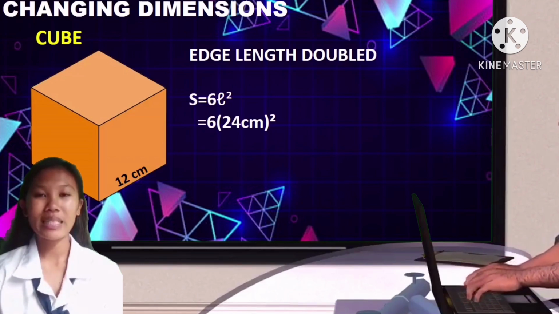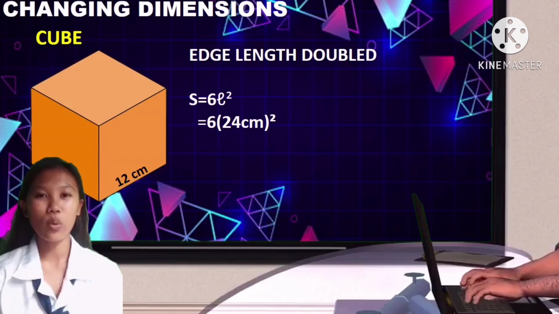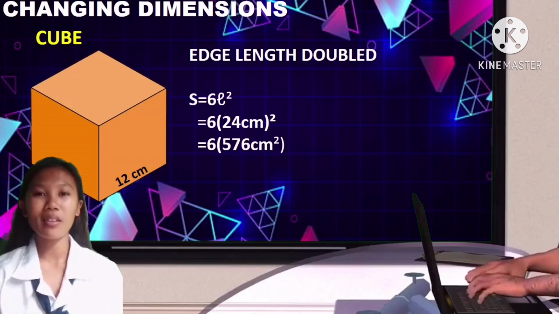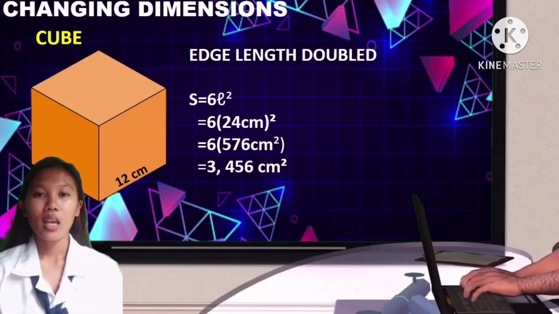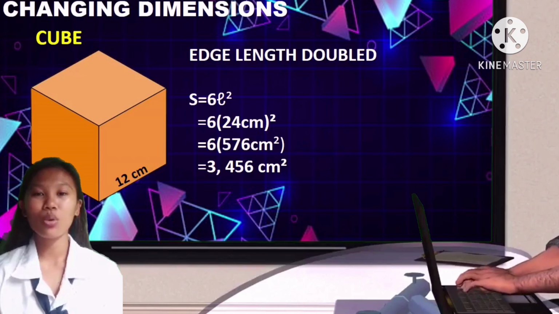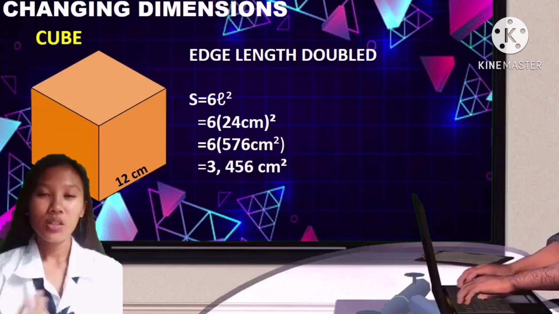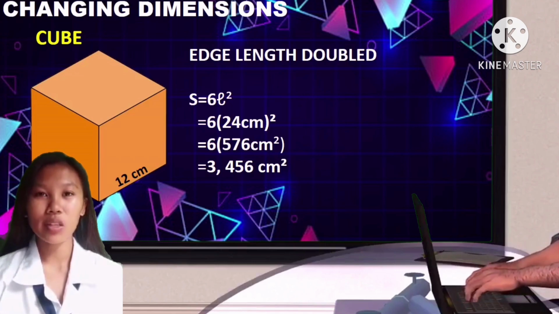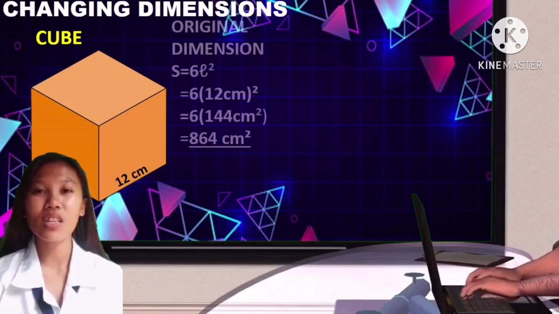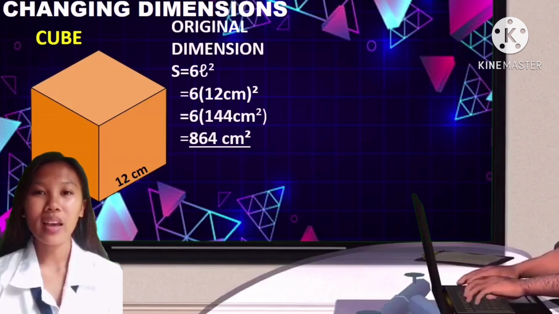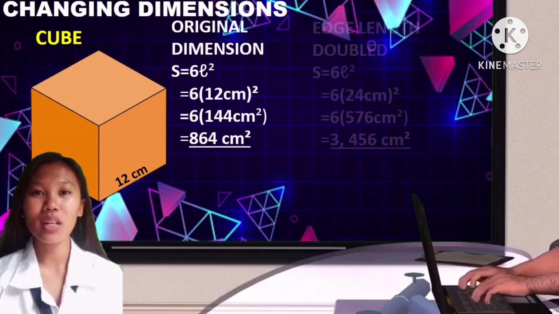Surface area equals 6 times 24 squared. 24 squared is equal to 576. Equals 6 times 576. The surface area is equal to 3,456 centimeters squared.